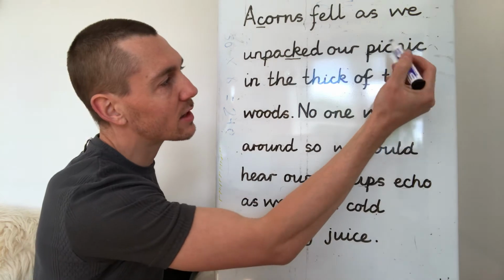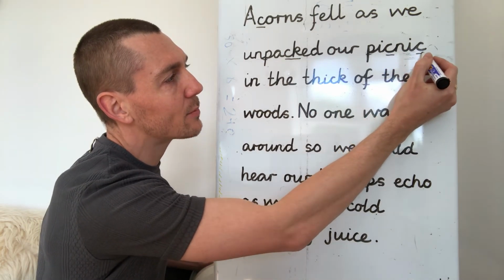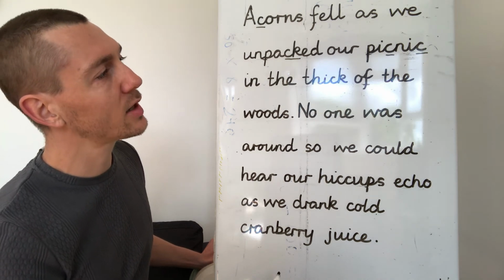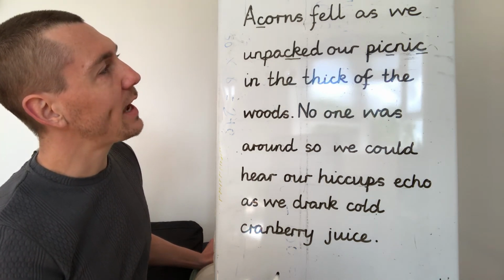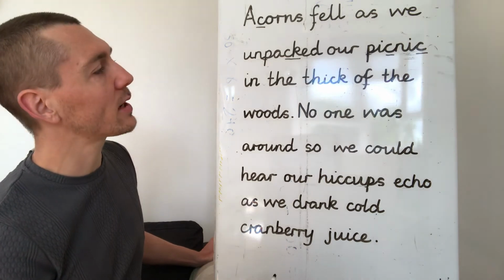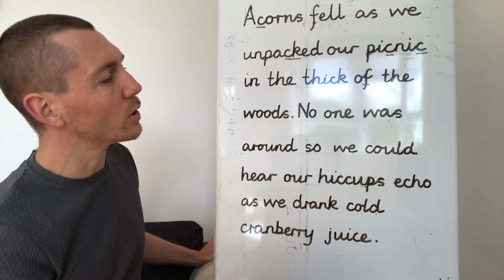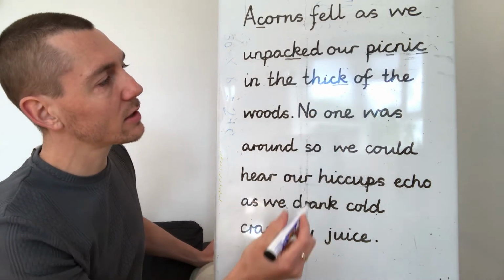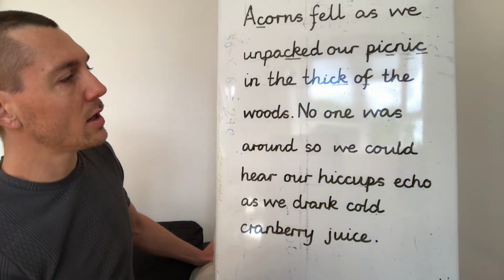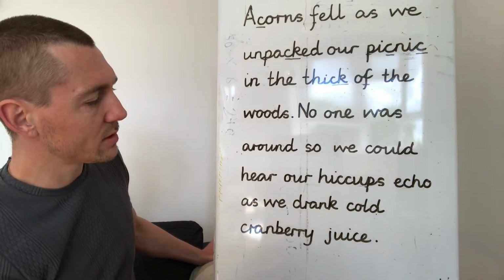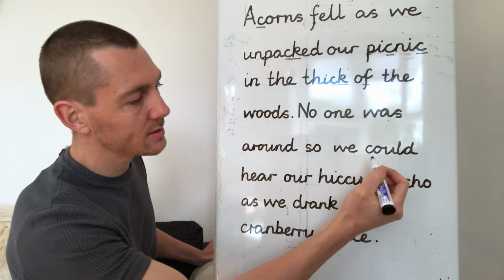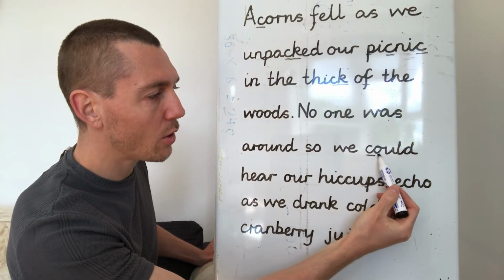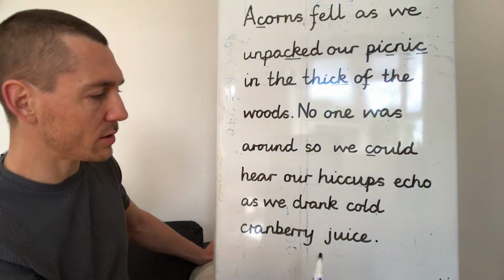So you should have spotted those two k spellings in picnic, and you should have written p, i, k, n, i, k, picnic. Acorns fell as we unpacked our picnic in the thick of the woods. The thick, you should have written. No one was around, so we could, C spelling of k in could, and you should have written k, d, could.